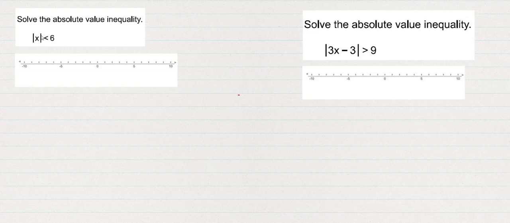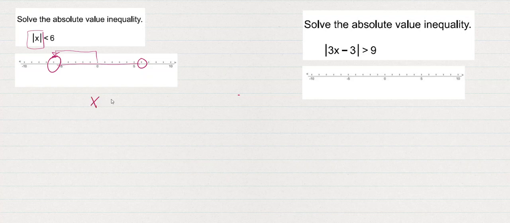So if we're saying that the absolute value of x is less than 6, then we're saying the distance from x to 0 is less than 6 units. So it's less than 6 units if we're somewhere between -6 and +6.